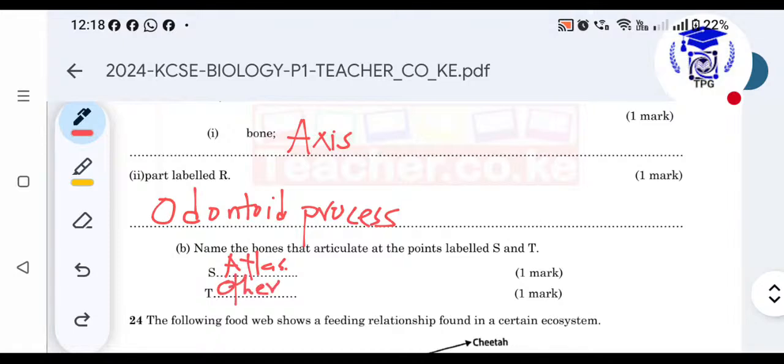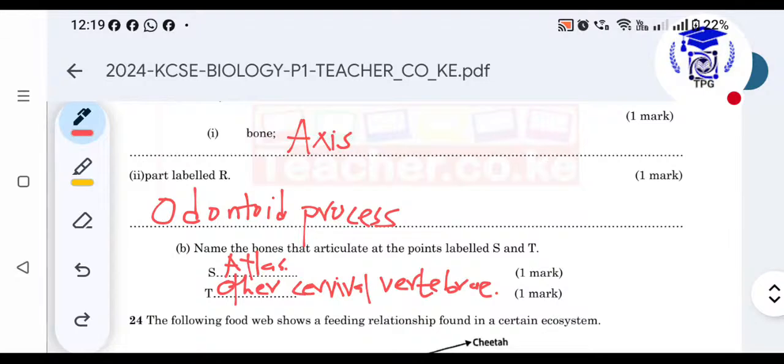There are 5 of them. In total, the cervical vertebrae has 7 bones. The first one is the atlas, the second one is the axis, the rest are 5: the third, the fourth, the fifth, the sixth, the seventh. So yenye kumeshikana hapo si ya tatu. The third cervical vertebra.